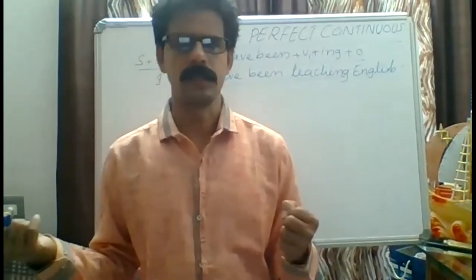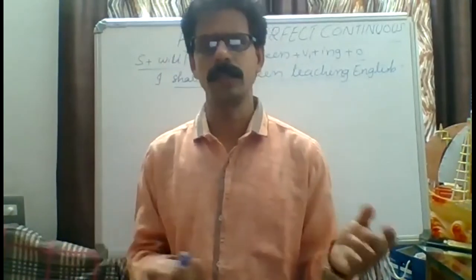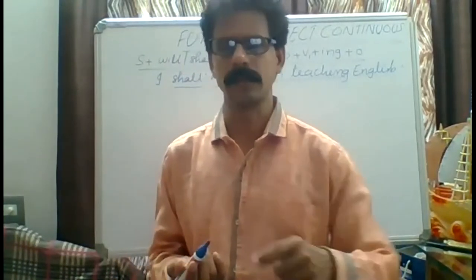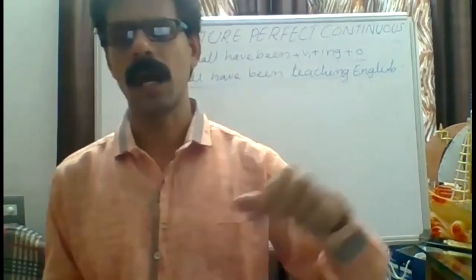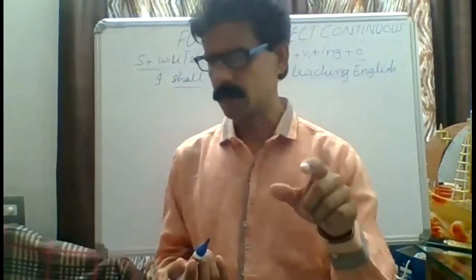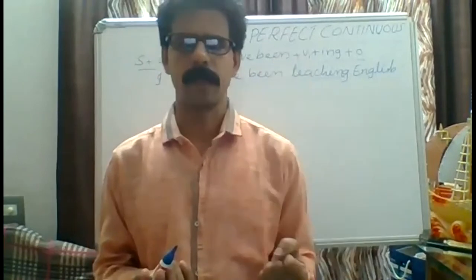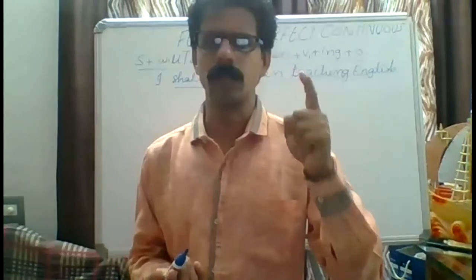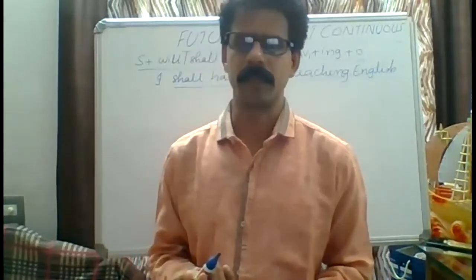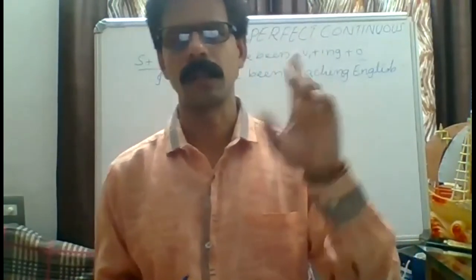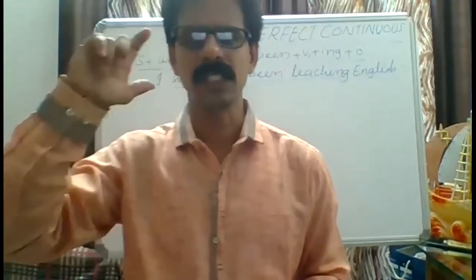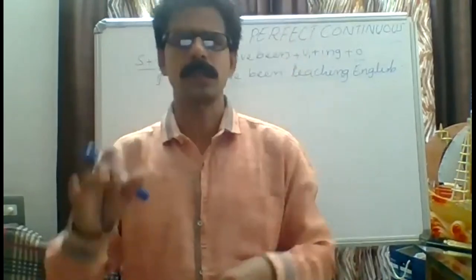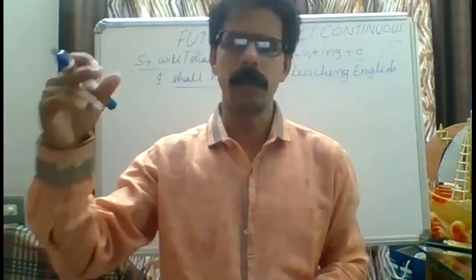I can say that I shall have been driving when he arrives. When the phone rings, I will have been sleeping. I will have been sleeping when the phone rings. This has not happened; I speak just from my imagination. When an action is going to happen in future, about that.